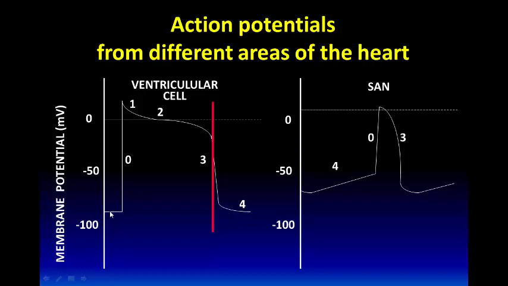The cell was resting, in relaxation, in diastole, and the voltage across the membrane of the myocyte was negative 90 millivolts, and this resting membrane potential remains stable until a stimulus is reached here.